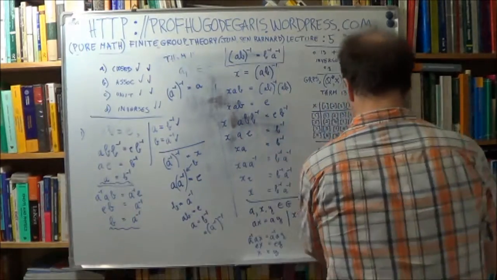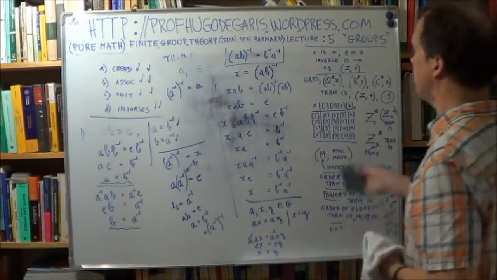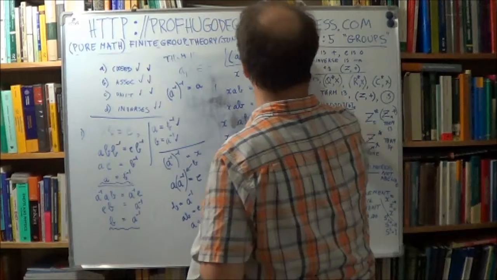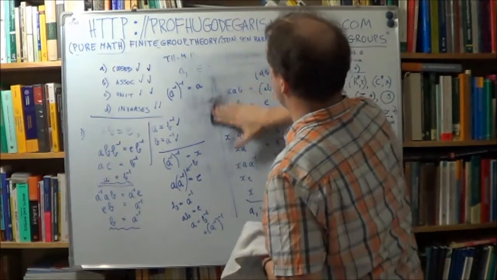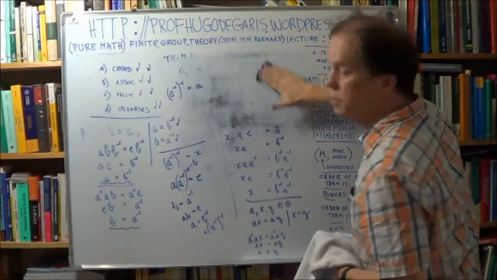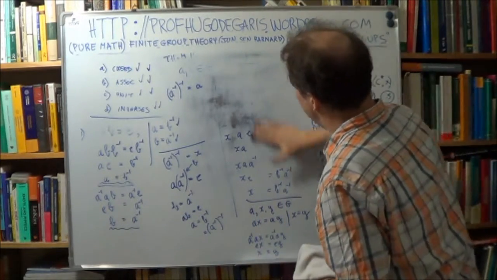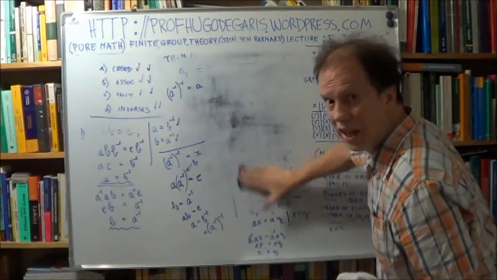So the next topic is what happens when you multiply, or binary operate, an element by itself again and again and again.